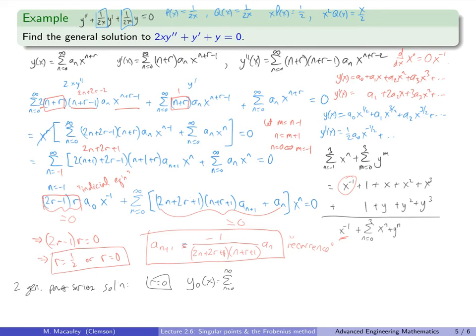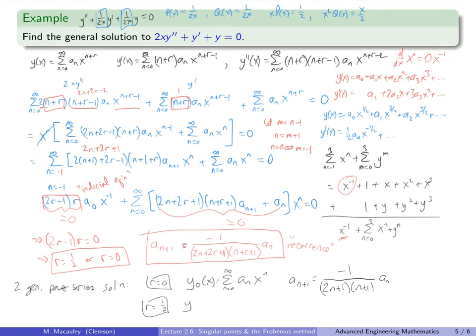This is an ordinary power series. an x to the n, and now in our recurrence relation, let's just plug in r equals 0. So we get that a n plus 1 equals, well, on the bottom of the fraction, let's do that first. That's 2n plus 1 times n plus 1, and then we have negative 1 times an. So there's one solution.